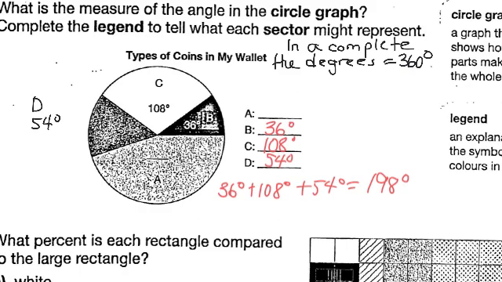But we want to know what the missing sector is. So we're going to take 360 degrees of the total of that circle and subtract 198 degrees of what we do know, and what our leftover is the answer. That's what sector A is going to be, 162 degrees.